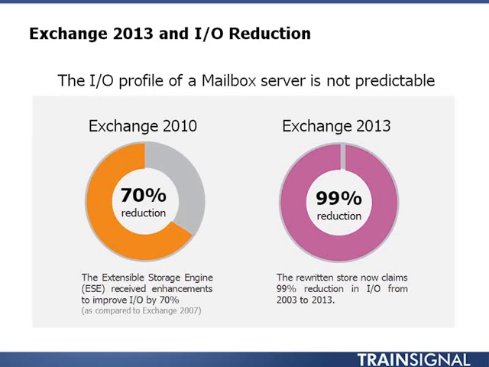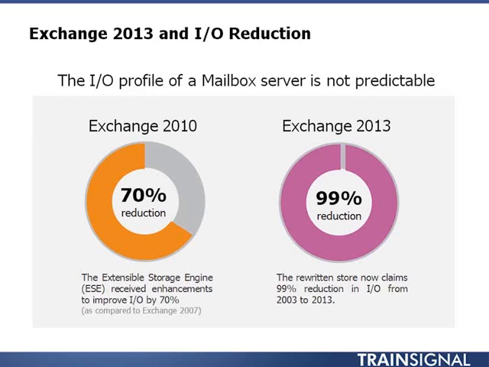So when you look at that, really going all the way back to 2003, with the 2013 rewritten Managed Store, the Exchange team now claims 99% reduction in I/O or IOPS, that's input output per second, from 2003 to 2013. So what does this change mean?